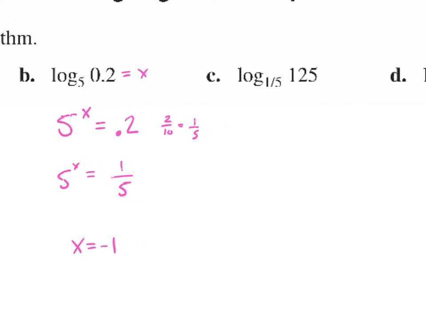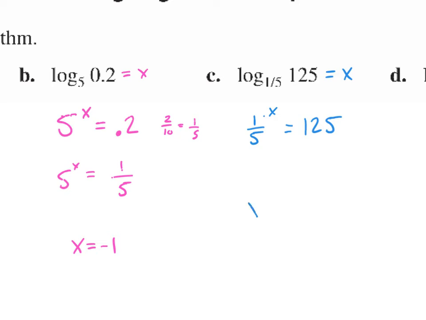All right. So this is equal to something. What's our base? 1/5. What's our exponent? X. And what's this equal to? 125. So 1/5 to what power gives us 125? Do you think our exponent's going to be positive or negative? Negative, because we want to flip this to make it a whole number, not a fraction anymore.